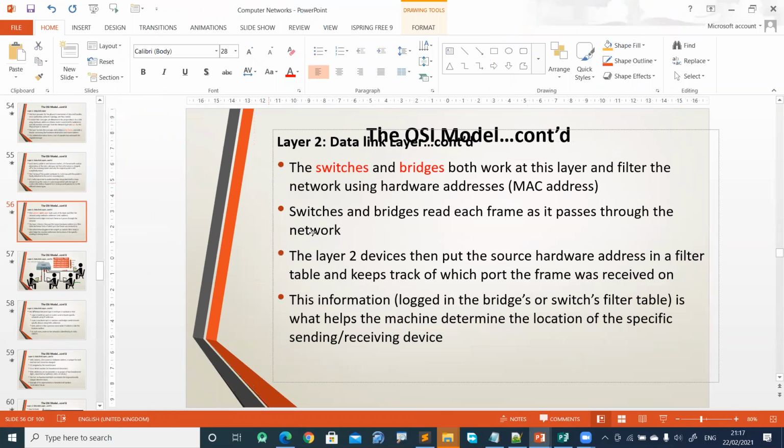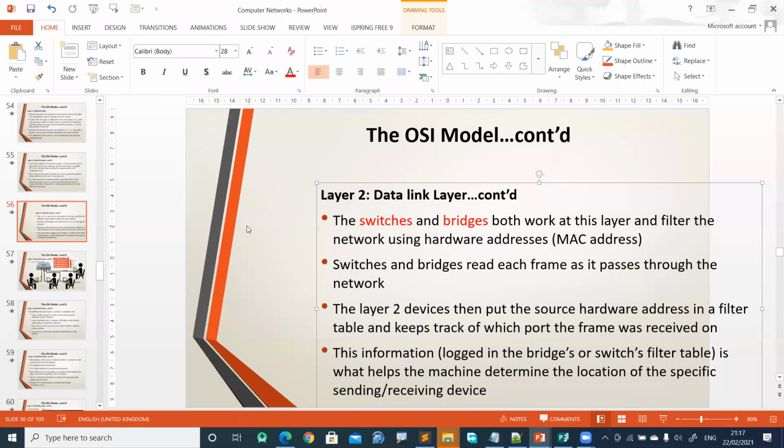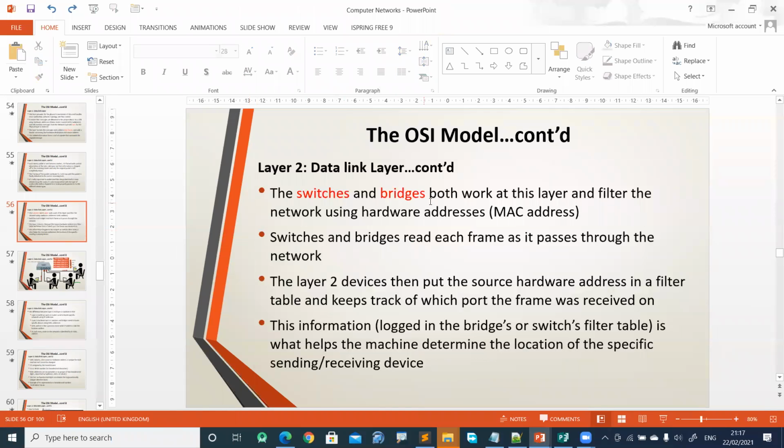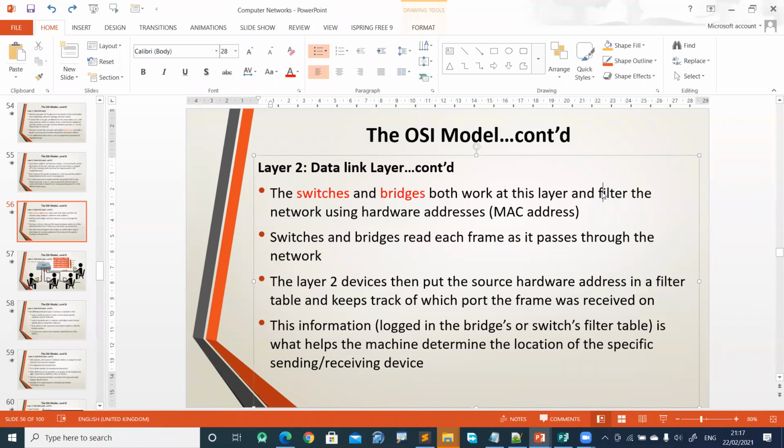So that's what we mean here, that switches work at this layer and filter the network using MAC address. Filtering means it doesn't broadcast, it goes direct and delivers to the correct destination without disturbing others.